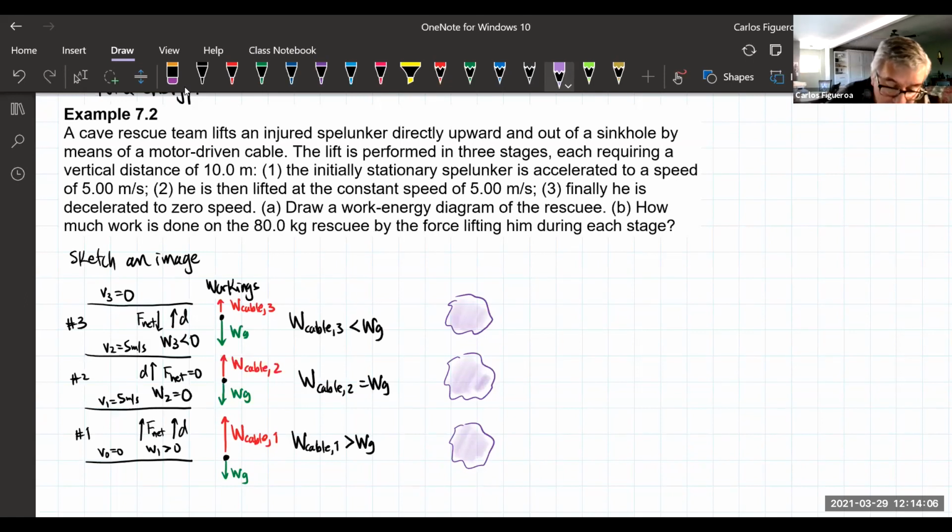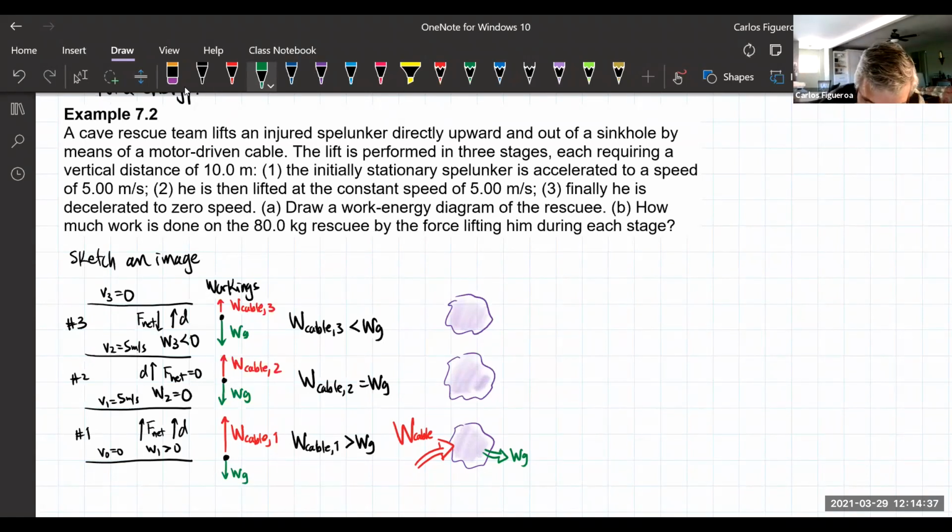You can see here is that more work of the cable is going in than the work coming out due to gravity. And I'm trying to draw that bigger so you can see that there's a difference. Because more work is being put into the system, that means I'm doing a bigger change in energy.